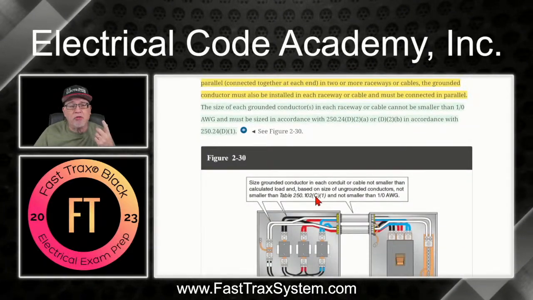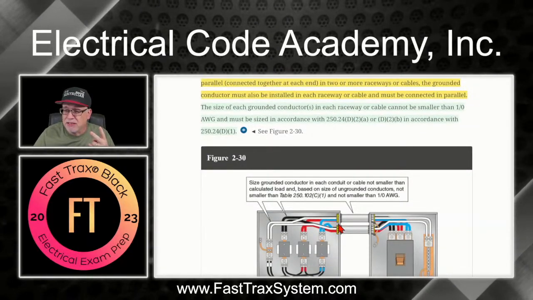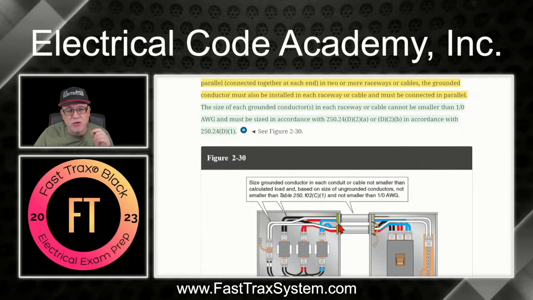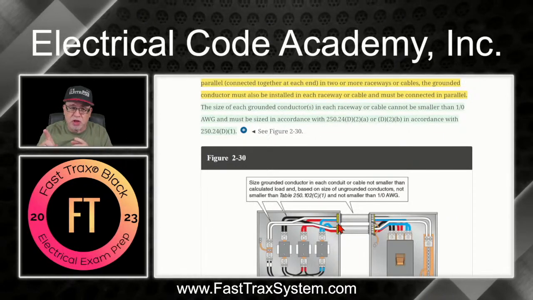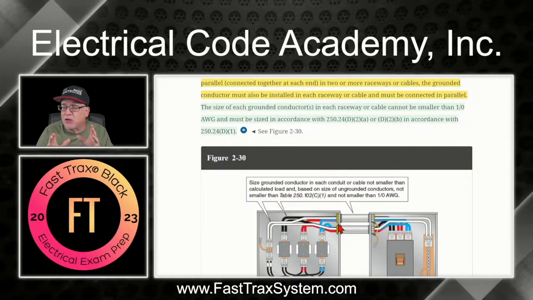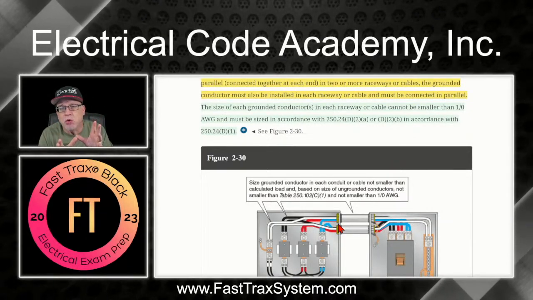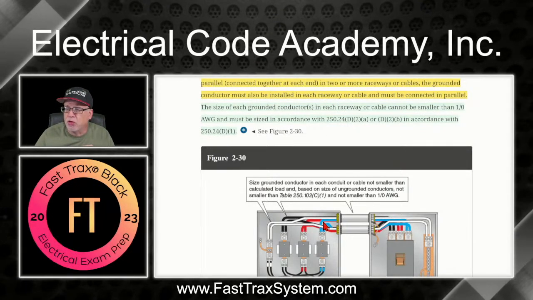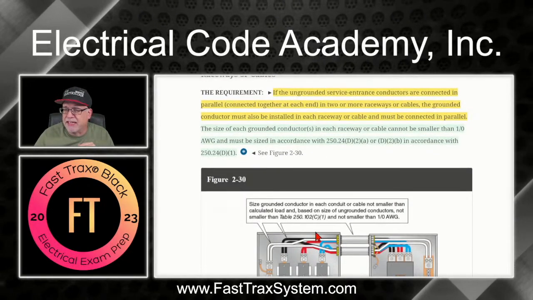Now, it also reminds us that it has to be in parallel. That is 310.10 is going to give us those rules depending on which edition of the code you're in, whether it's (G) for the 2023 or (H) in previous cycles. Those are your paralleling rules, and we have to follow all those rules. In this case, it's all paralleled nicely.